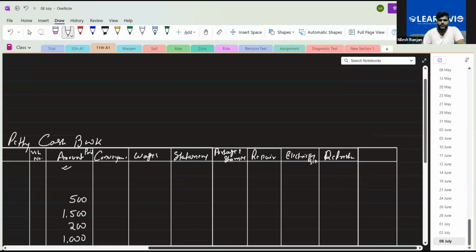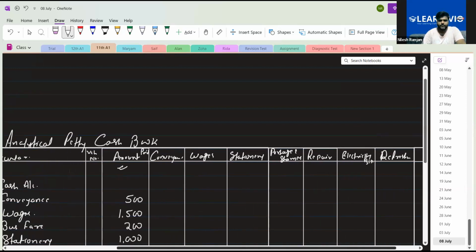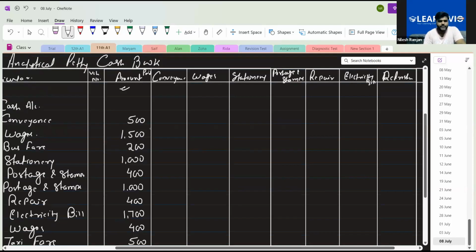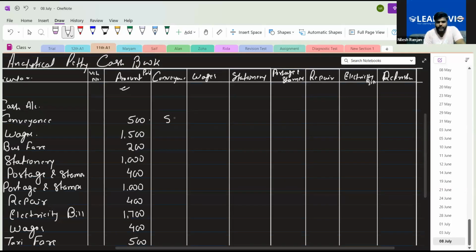Okay, so conveyance. First of all, conveyance. This is conveyance, so 5. Then wages. Wages will go here in the wages column, 1005. Bus fare. Bus fare again will become under conveyance, 200.